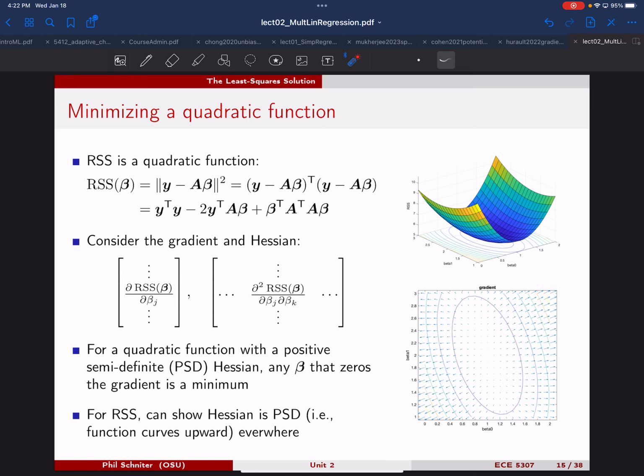This is the derivative of this multi-input function, where the jth element of this vector is the partial derivative of RSS with respect to beta j. So that's like a vector of slopes. When you look in one direction, that's one element of the slope. When you look in another direction, that's another element of the gradient vector. And what we said last time is that when we're at the minimum, what happens to the gradient?